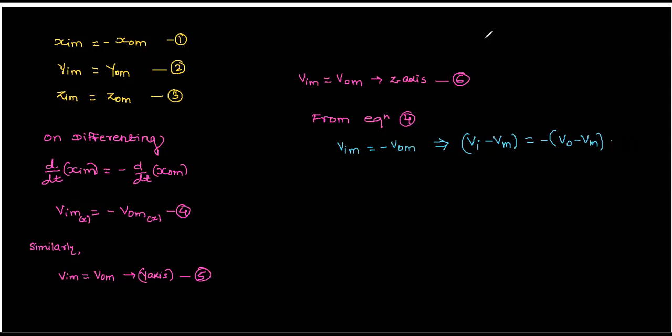This is for the x-axis, right? Or if I want magnitude, if I take the magnitude of this, VI minus VM is equal to VO minus VM.